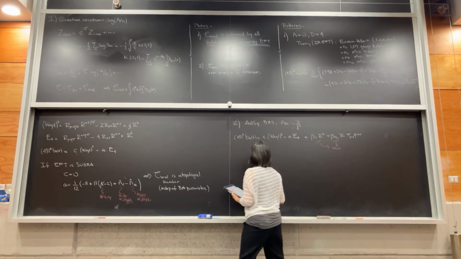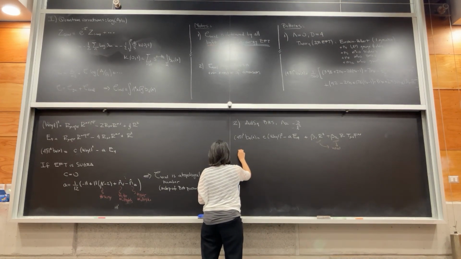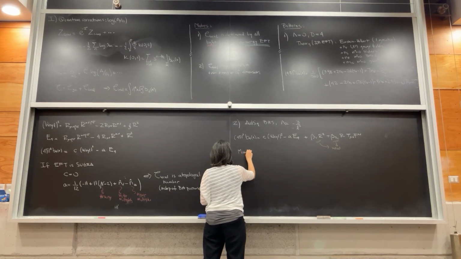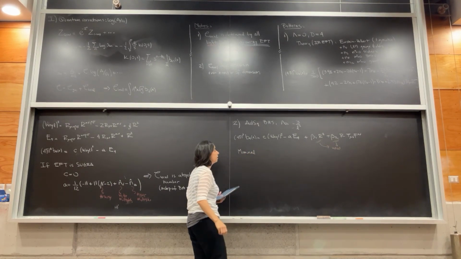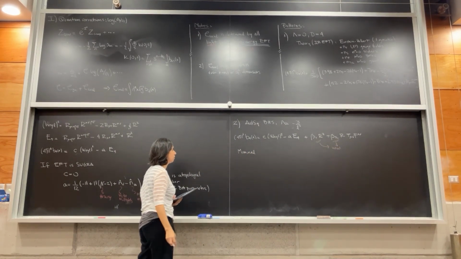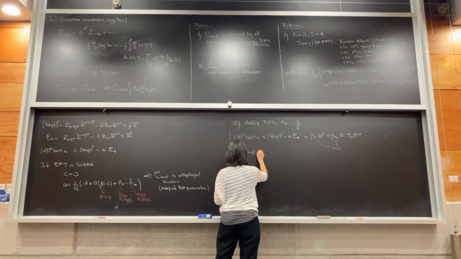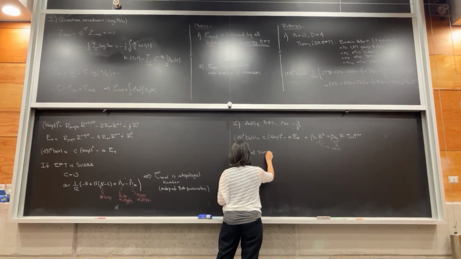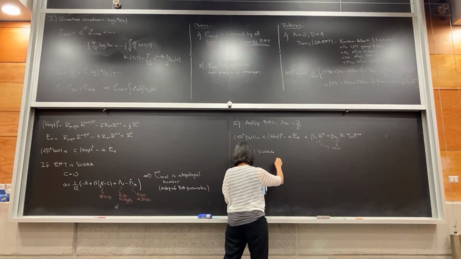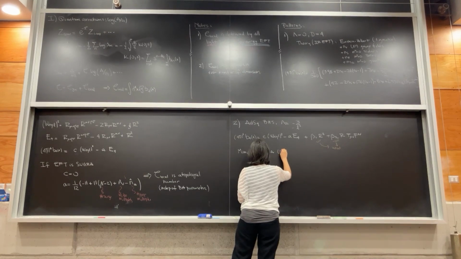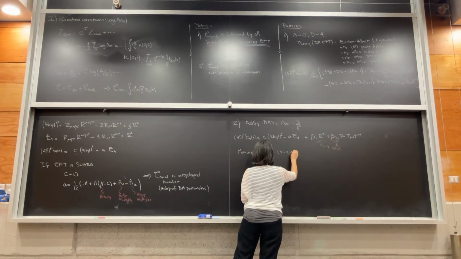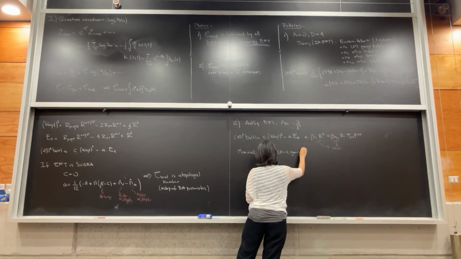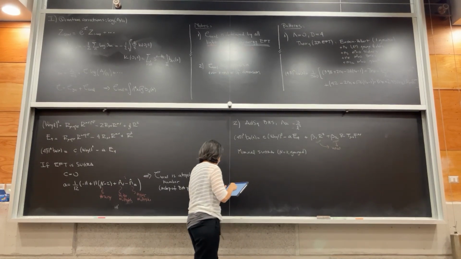This case is more complicated, and the only thing that has been done for these types of black holes is to look at minimal supergravity with N equal 2, which in this case is what we call gauged supergravity.